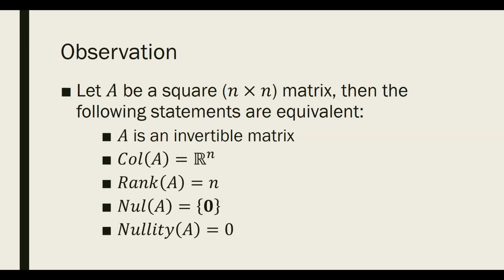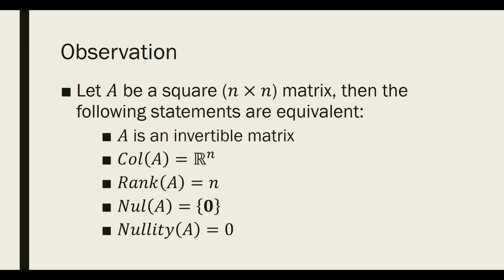If A is a square matrix, we saw in chapter 2 there was a bunch of equivalent things to A being invertible. Well, now that we have the idea of column space, rank, null space, and nullity, if A is square and it's invertible, then I know it row reduces to the identity.